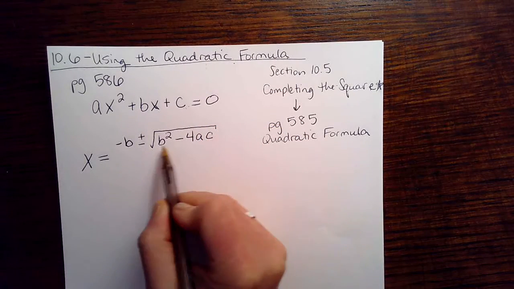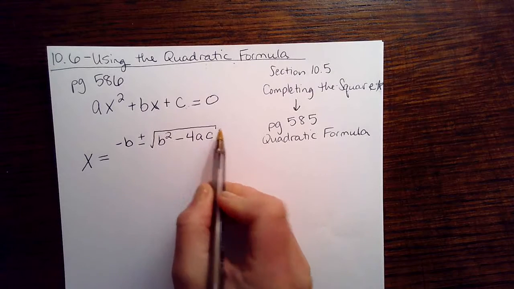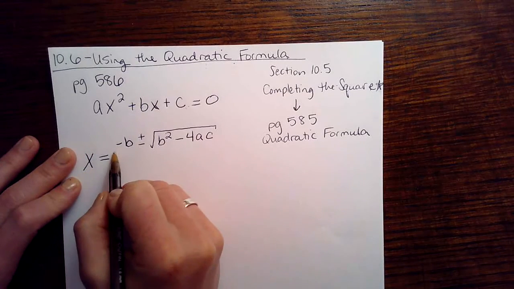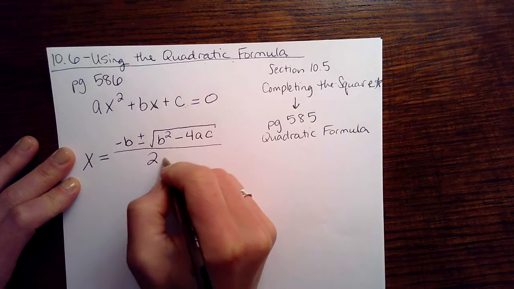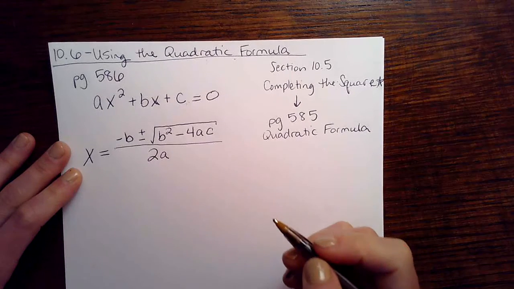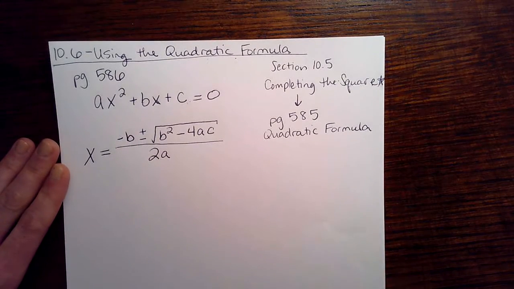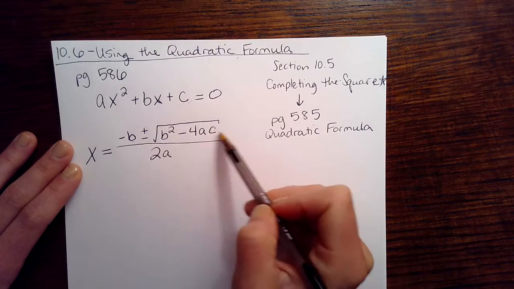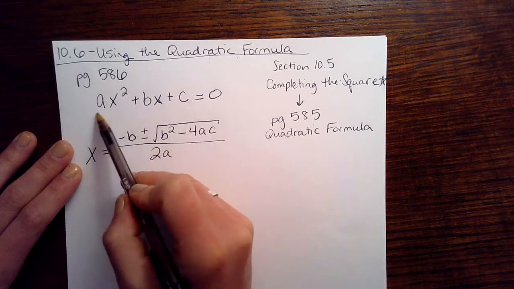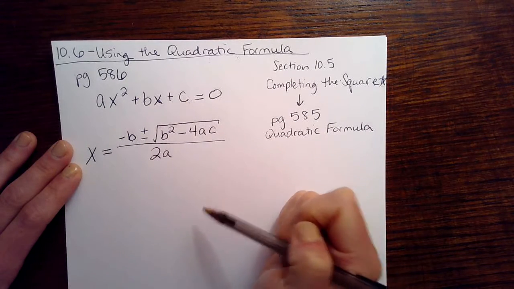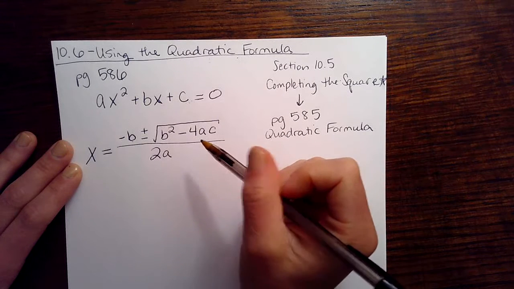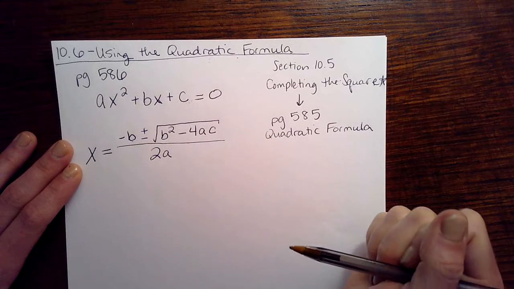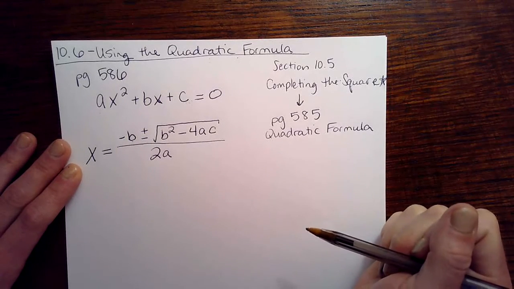Notice all of that, b squared minus 4ac, is in the square root symbol, all divided by 2a. There are lots of ways to remember this. I know this is a long formula, but notice there's b, a, and c, and a, and those all come from these numbers out in front. We can simply plug those in, and we're able to get the value or values of x.